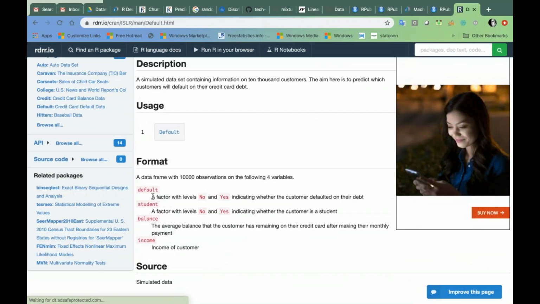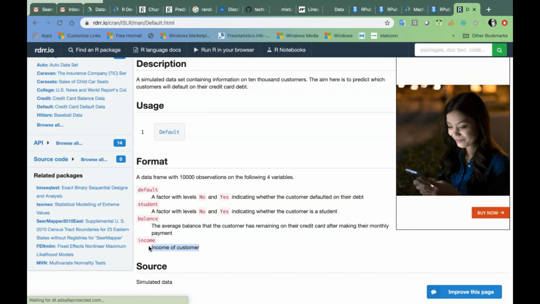So default is basically a factor with yes or no, which indicates whether the customer defaulted on their debt or not. Student indicates whether that customer was a student or not. Balance is basically the average balance that the customer has remaining on their credit card after making their monthly payment.